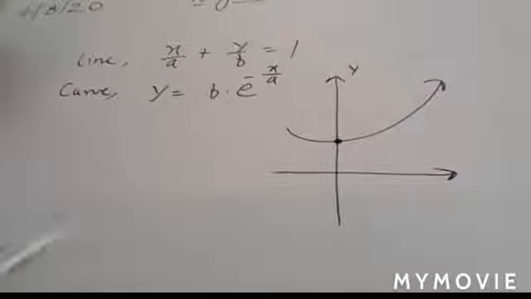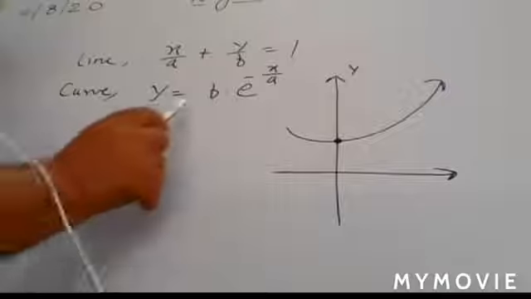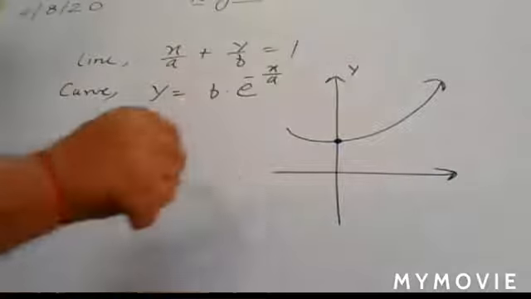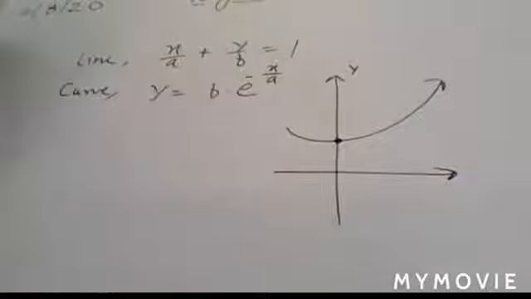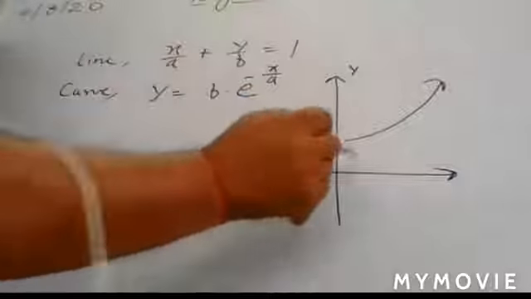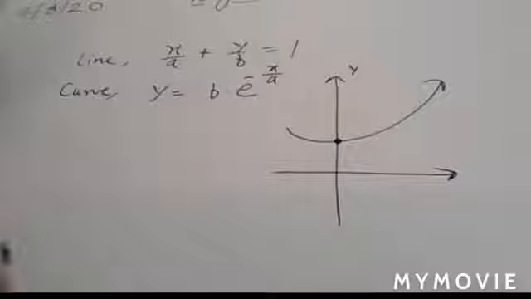And you know that can be obtained by putting x is equal to 0, because for the y-axis x is equal to 0. So if you put x is equal to 0, you have the point on the y-axis where the curve intersects, and at that point you try to find the equation of tangent. Understand?